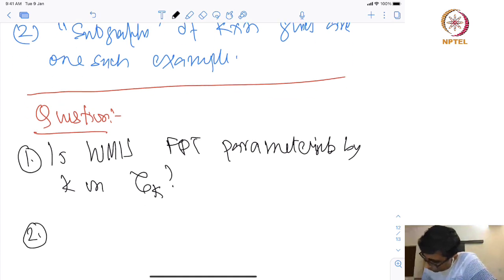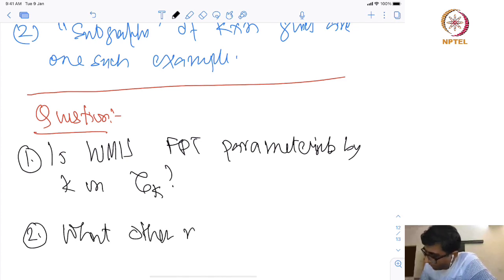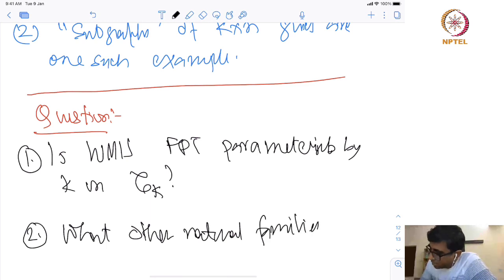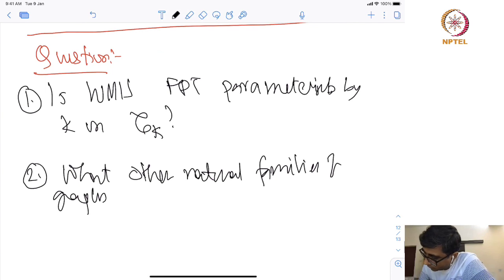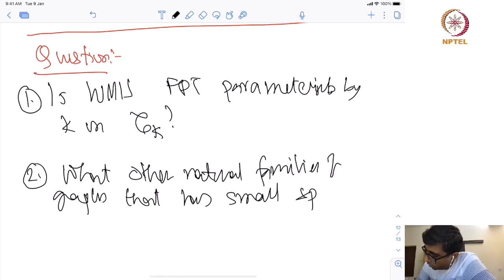Second, what other natural families of graphs have small separation number? For example, maybe trees.